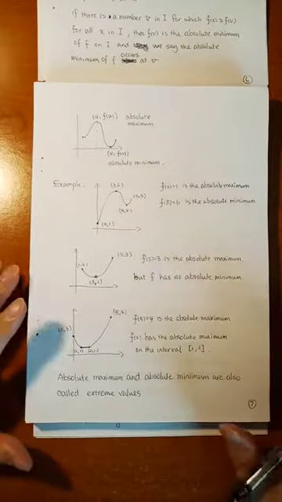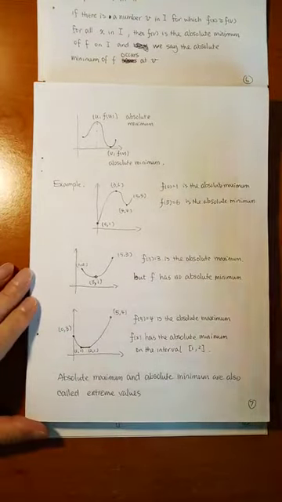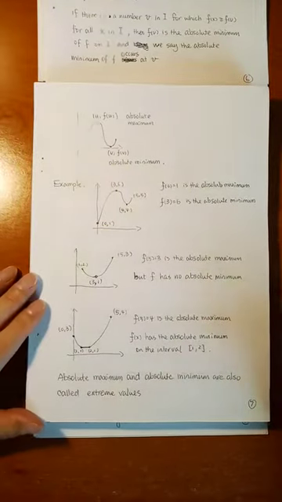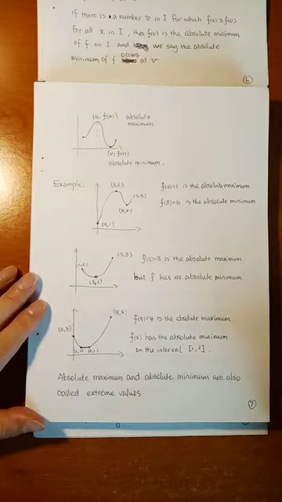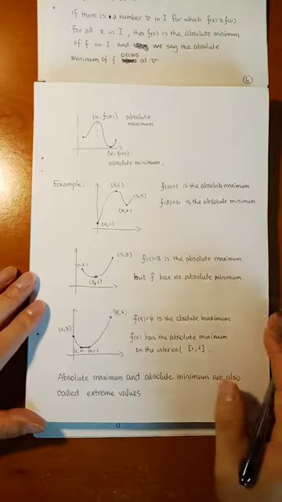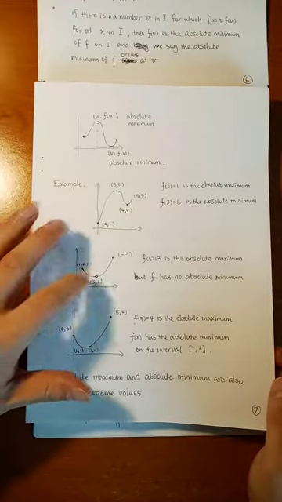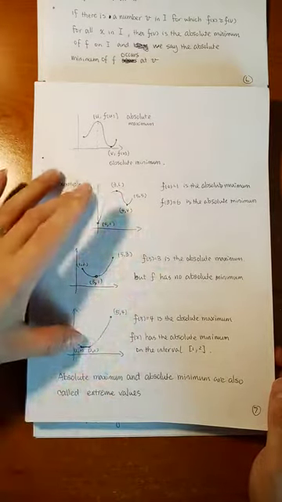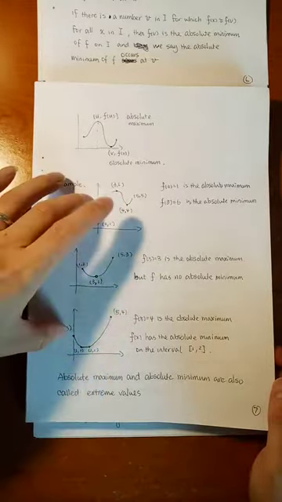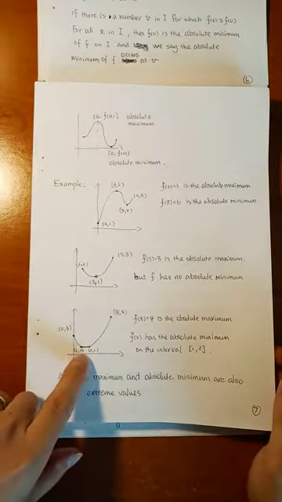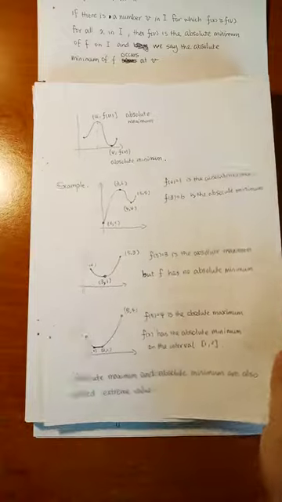In the extreme values, one is the absolute max, one is the absolute min. And not every function will have an absolute max and absolute min over the domain. So here, this one does not have an absolute minimum. They all have an absolute maximum, and in this one the absolute minimum occurs over a whole interval.